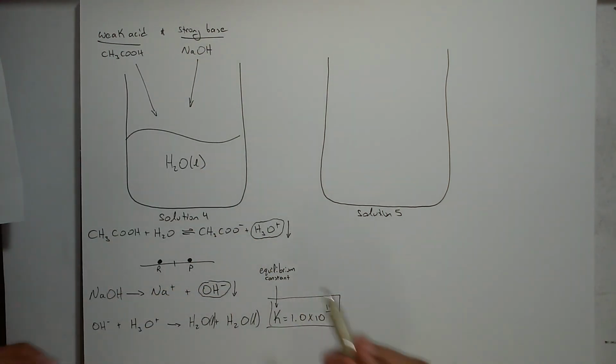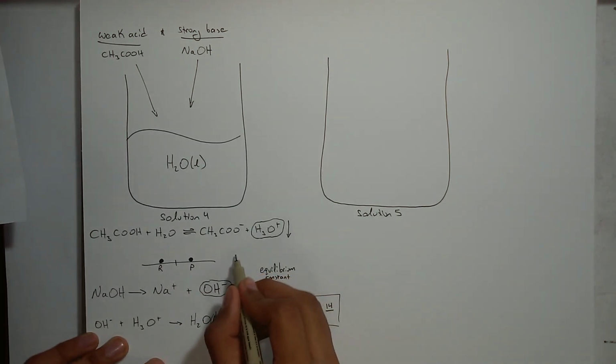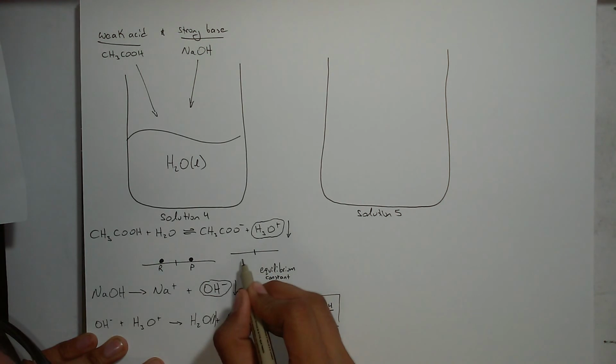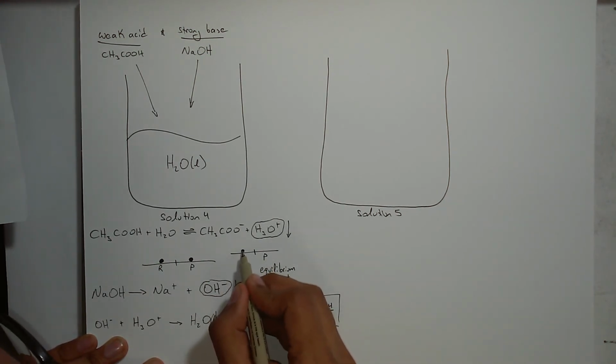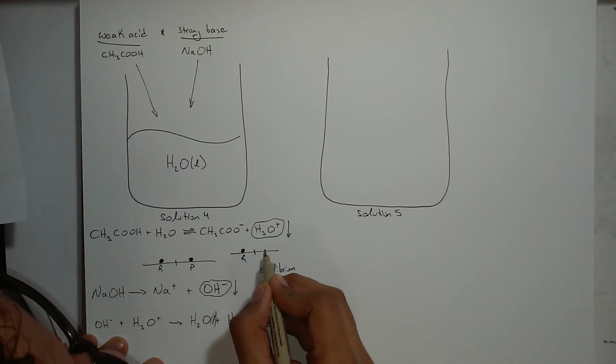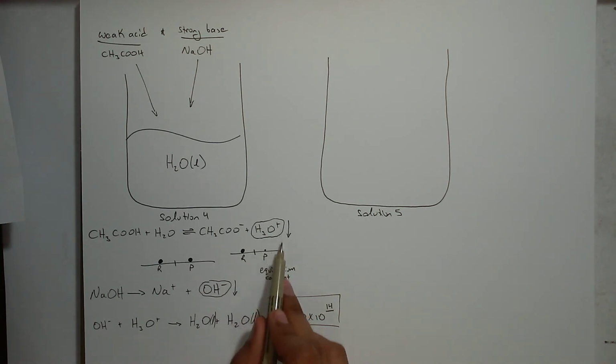What does my scale look like now? If I was going to draw my scale, notice how it's going to look like this now. My scale, I have the reactants and I have the products. I have the same amount of reactants, but now my scale is off balance. You guys see how this scale is not balanced anymore? I decreased the amount of products inside of this solution.